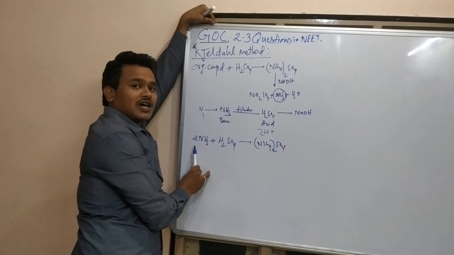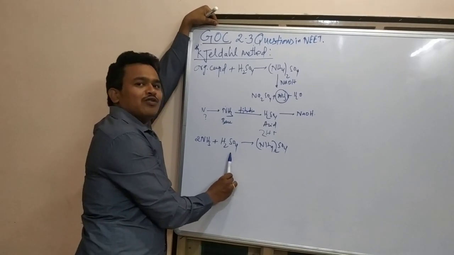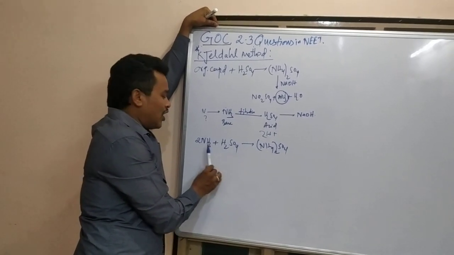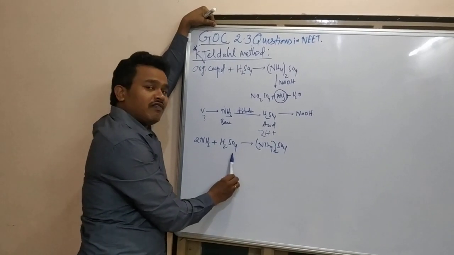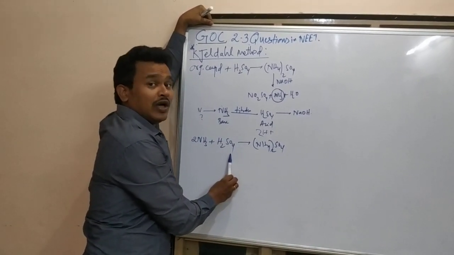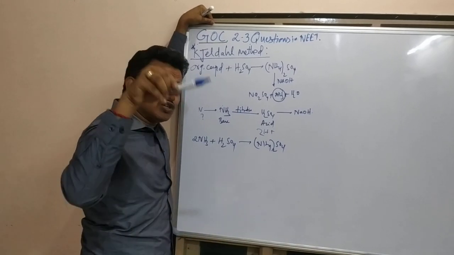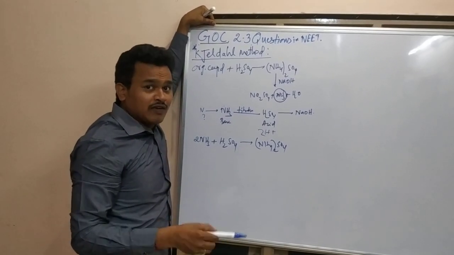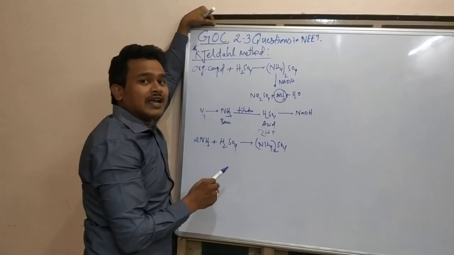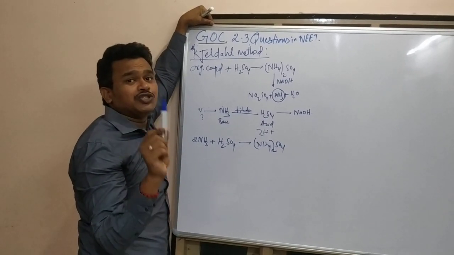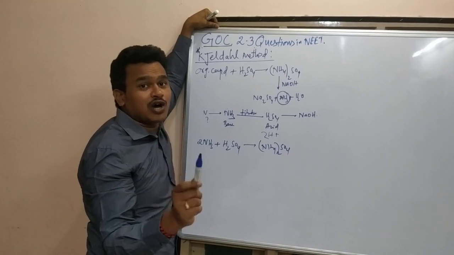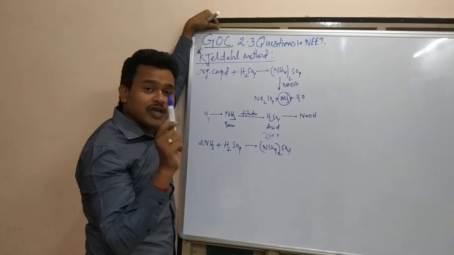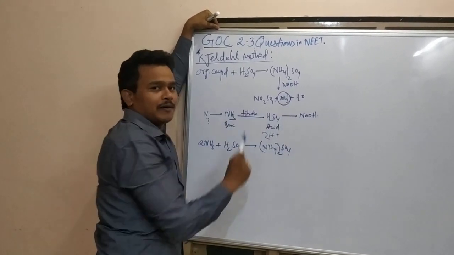Ammonia, 100 moles are there means 50 moles of H2SO4 is going to react. Ammonia, 50 moles means 25 moles of H2SO4 is going to react, even though I am taking 1000 moles of H2SO4. Even though I am giving excess H2SO4, the amount of H2SO4 used in this titration depends on the amount of ammonia released in the reaction.